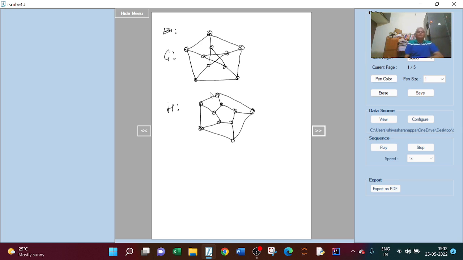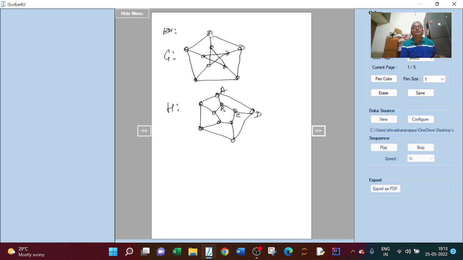We can give one reason. In H there is a cycle of length 4. I will take A, B, C, D. See here A, B, C, D, E, A. This is a cycle of length 4. And if we go to G, there is no cycle of length 4.